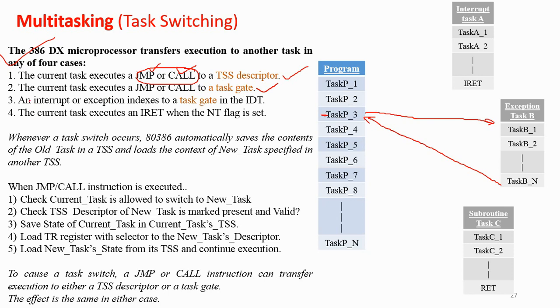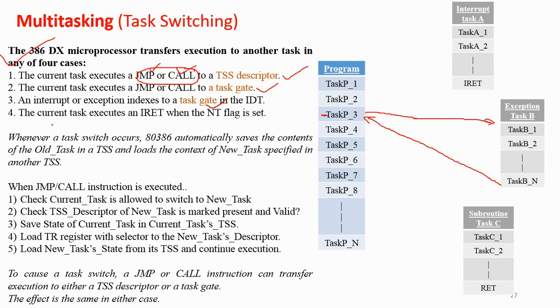And the microprocessor transfers execution if an interrupt or exception indexes to the task gate. And the fourth scenario is the current task executes an IRET, that is, return from interrupt, when the NT (nested task) flag is set.